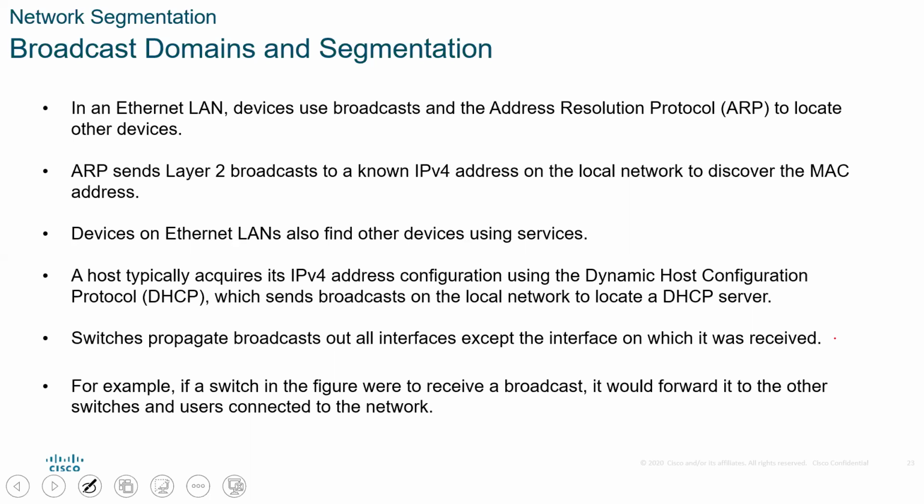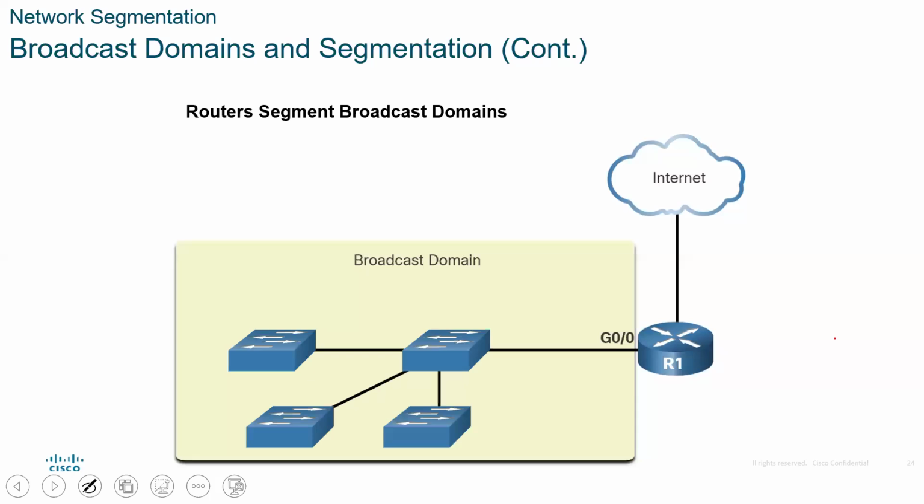So switches propagate out all interfaces except the interface by which the message came in. It's a feature that a switch has. When you are talking about a broadcast domain, we are saying that since a switch is a broadcast device, once it receives a message in one port, it sends out the message through all the ports.